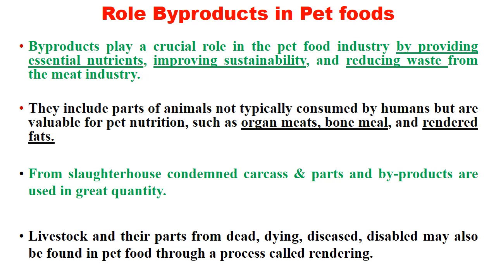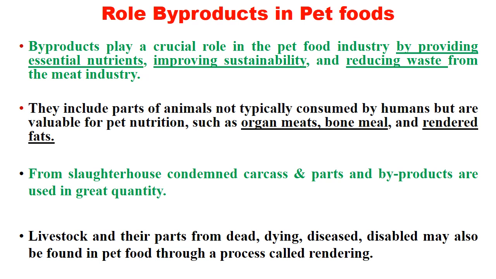From the slaughterhouse or meat industry, we will always get a large amount of whole carcass condemned or a part of the carcass condemned or other byproducts, as I have mentioned. All these can be used in great quantity for economic pet food production.